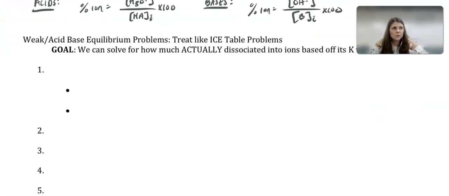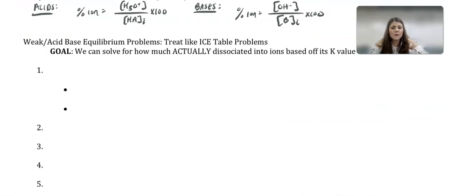All right, so I'm going to give us some steps to doing ice table problems that require weak acids and weak bases. Again, you're going to treat it just like we've been doing with ice tables in Unit 7. But the whole goal is we can solve for how much actually dissociates into ions based off its K value.